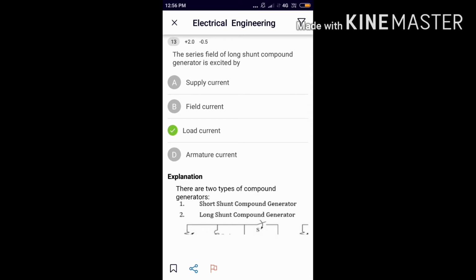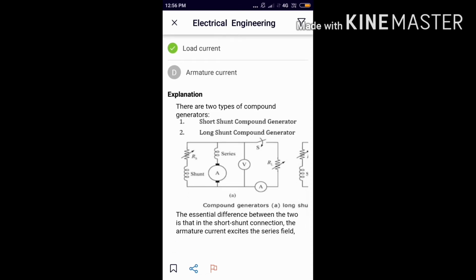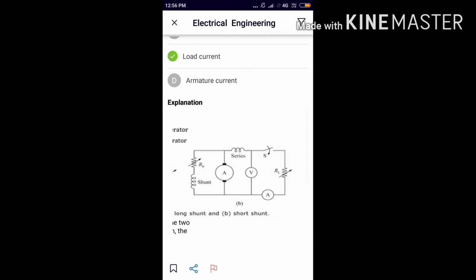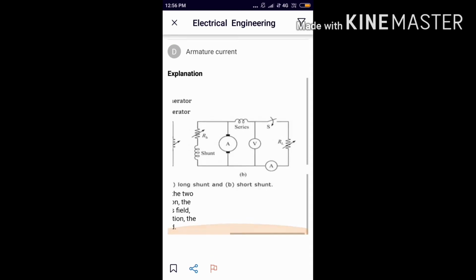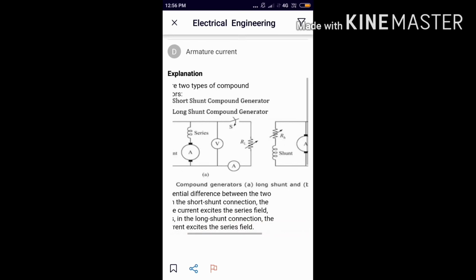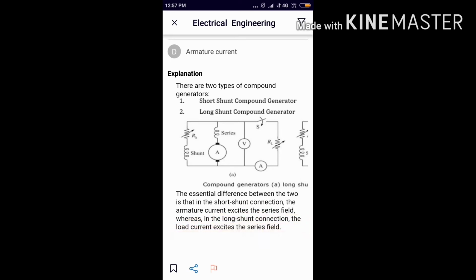Question number 3. The series field of a long shunt compound generator is excited by load current. See here, there are two types of compound generator basically. The first one is short shunt compound generator and the second one is long shunt compound generator. See the diagram carefully. Here, series connection.